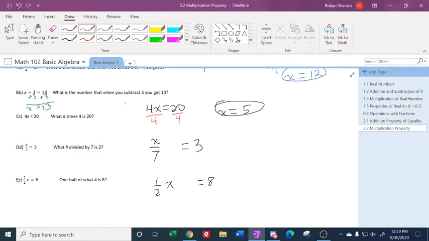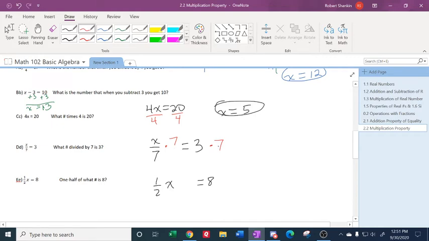Alright, so this first one, x divided by 7 equals 3. The objective is to isolate x. So I have to get rid of the 7 on the same side as the x. But it's being divided, so what I have to do is multiply. If I do it on one side, I do it on the other side.